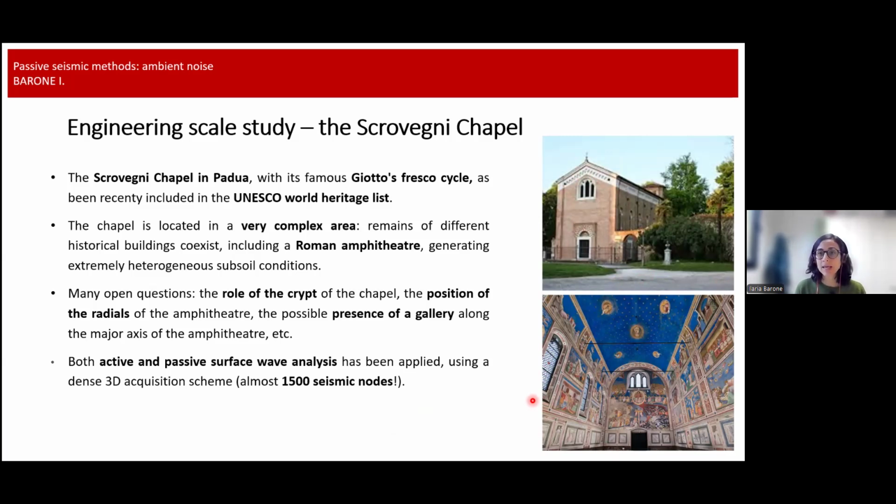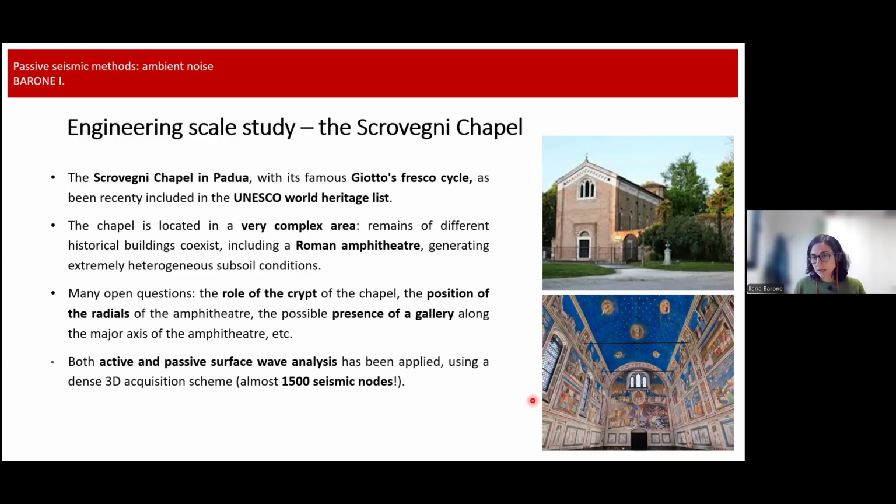Talking about the area where the chapel is located, it's a very complex area from an archaeological point of view, because it hosts remains of different historical buildings of different times, including a Roman amphitheater.